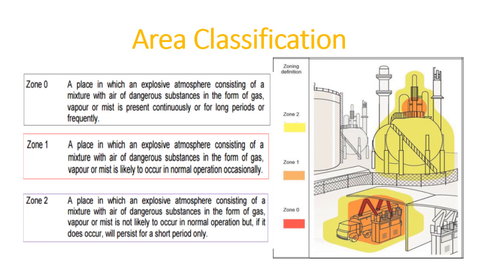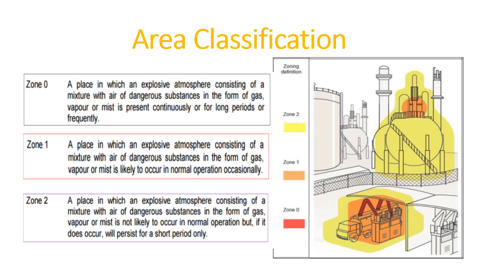Zone 0, as you can see, this is the loading station. These are the loading arms that are going into it. So at this portion, this connection, there is always a presence of a dangerous mixture, because here it is connected.